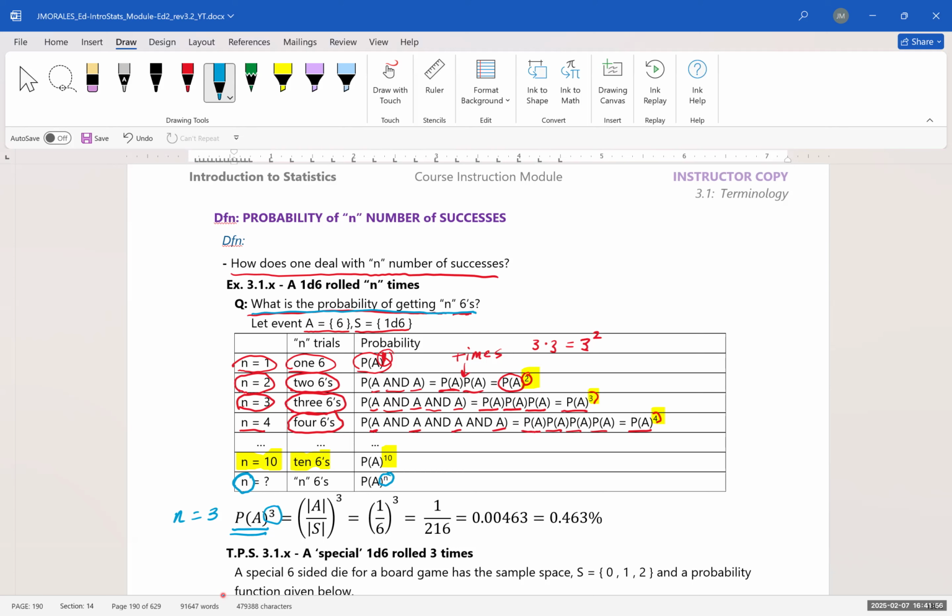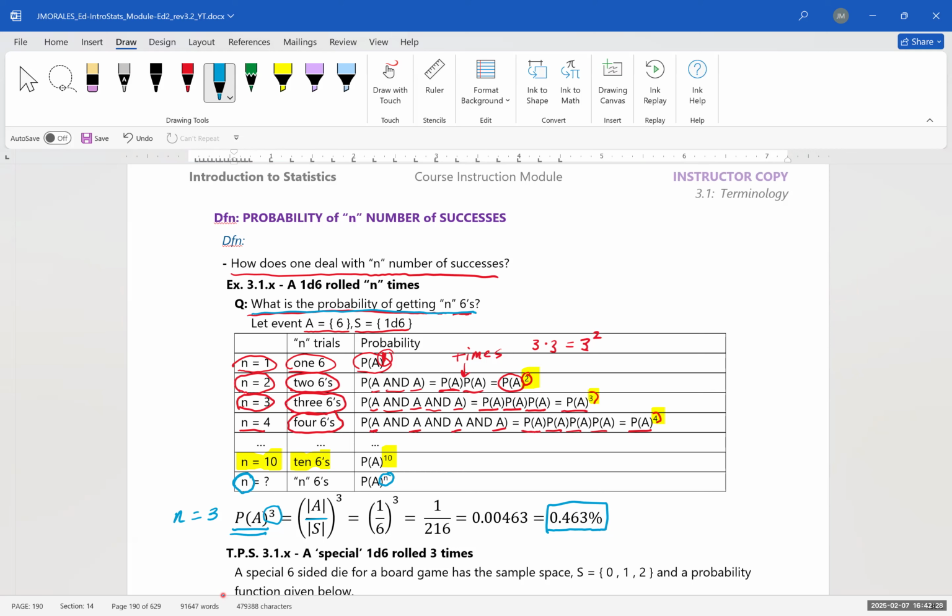The probability of getting a six is the order of A over the order of S, to the third power. So that's 1/6 to the third power, and that comes out to 1 over 216, which is a little under 0.5%. So the probability of getting three sixes in three die rolls is less than 0.5%, 0.463%.